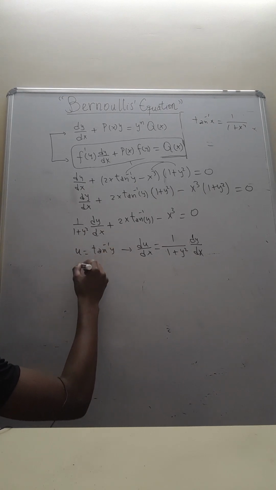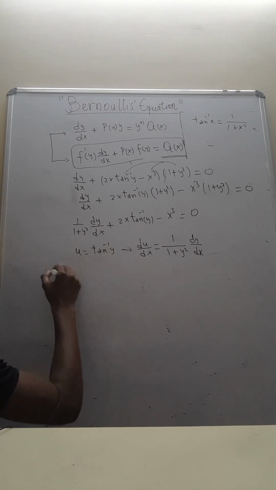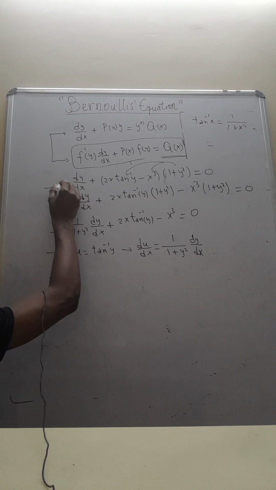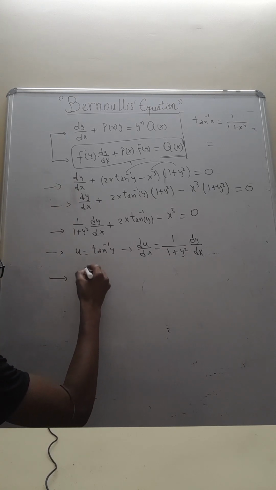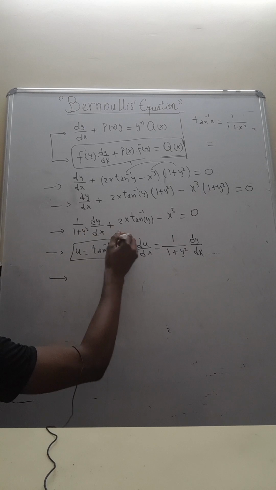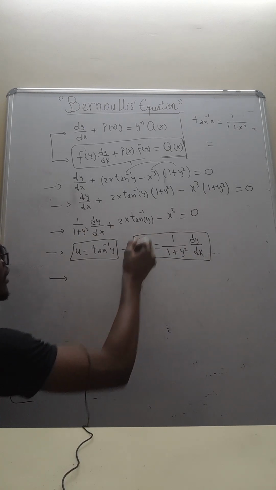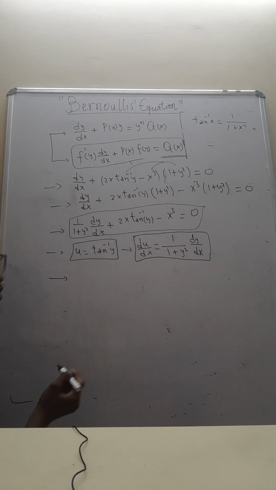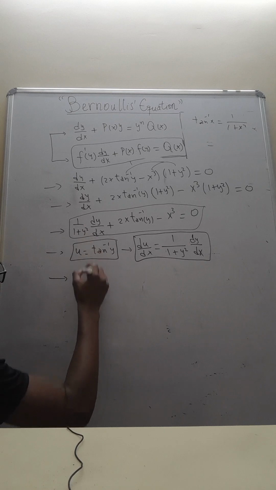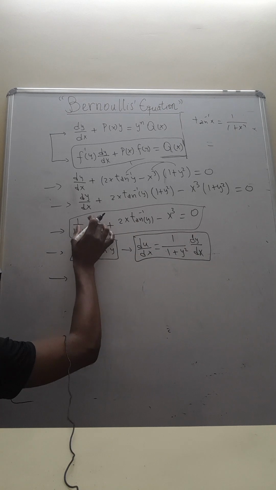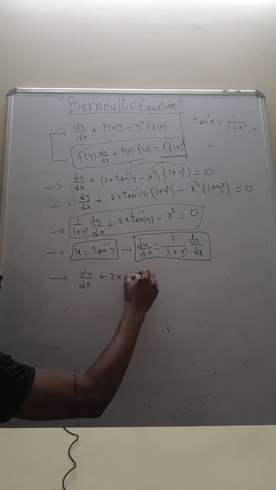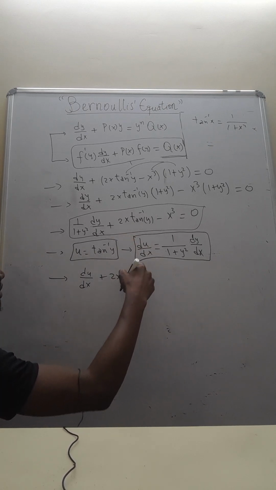What are you going to have? An equation like this. Substitute this expression and this in this equation. You are going to have du by dx, it is this and it is this, then plus 2x times u, since tan inverse of y is u, minus x cubed.